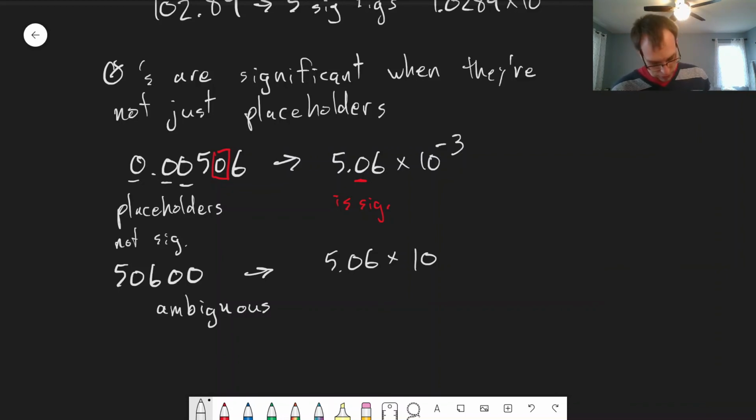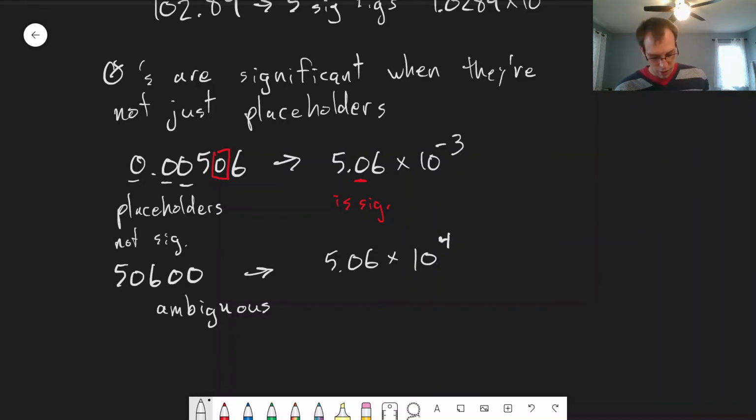Right, so this would be 5.06 times 10 to the 4th. So this is probably 3, and we would need some way to indicate whether these zeros are significant or not. So one way this can be done is to put a decimal place at the end. That would indicate that they are significant, and this would have 5 sig figs instead. Or, the simplest way is just always write it in scientific notation. That makes it very clear.